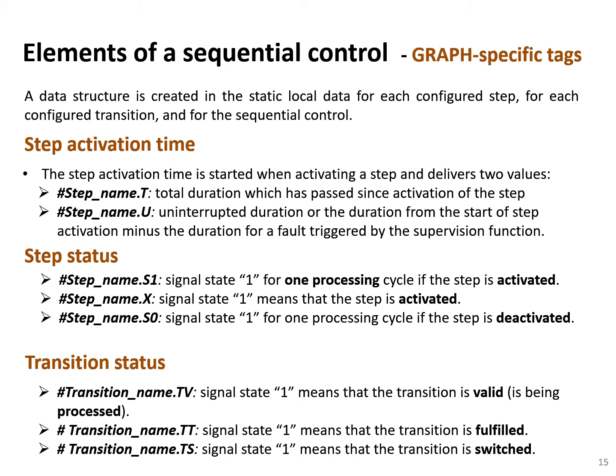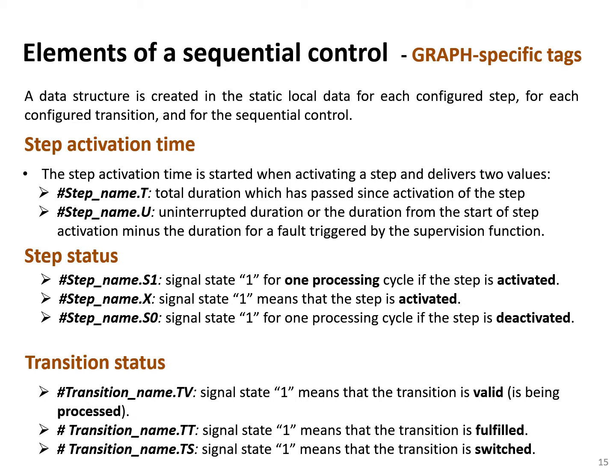So what does that mean? The uninterrupted duration of the step. Once the step is active, the time will start to clock and will accumulate inside this step name.U. However, this step name.T is the total duration which has passed since activation of the step.